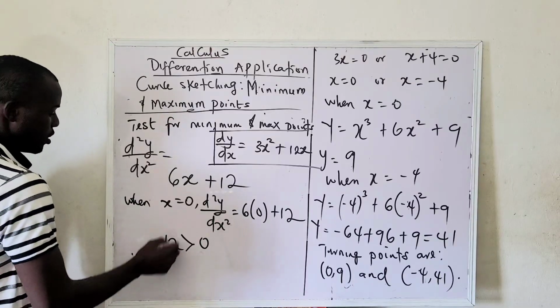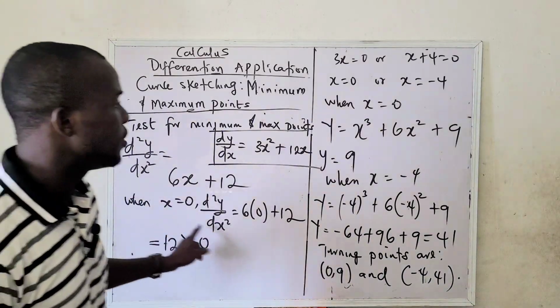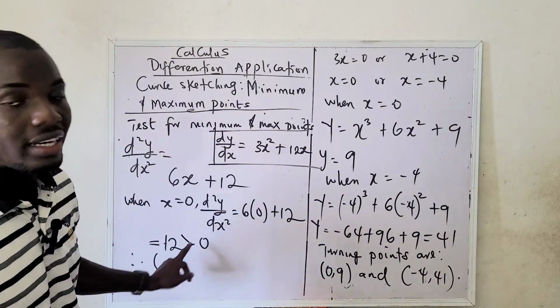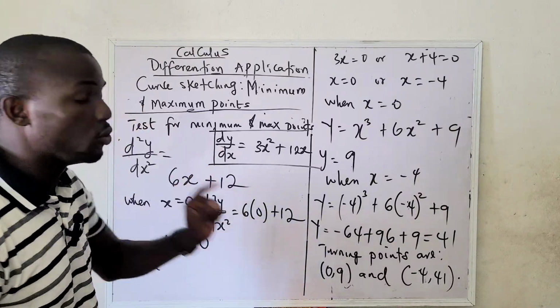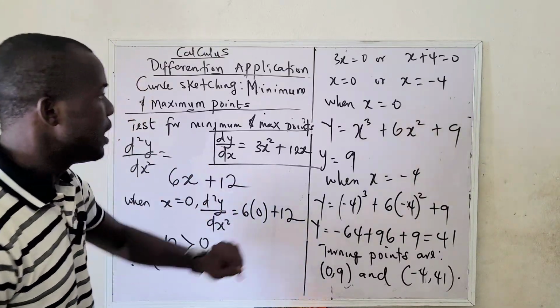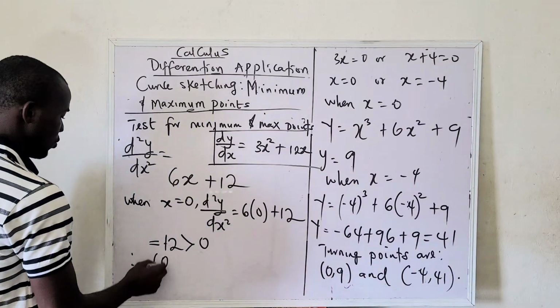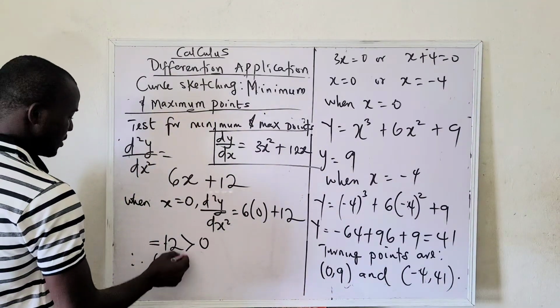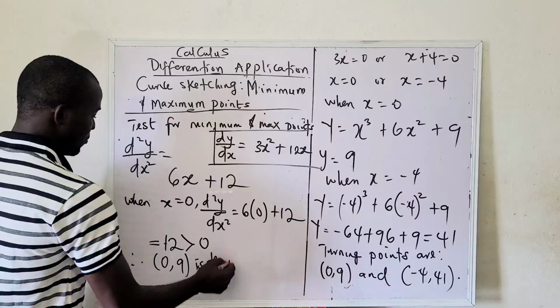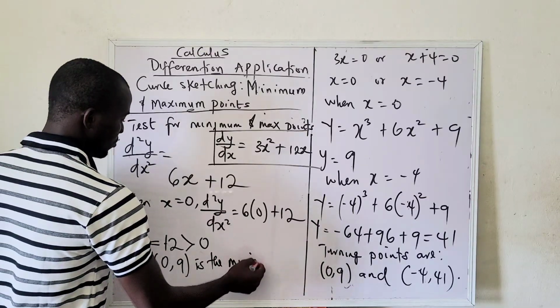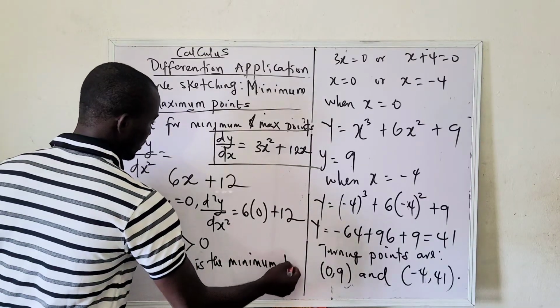Therefore, since this value of x gave us a figure greater than 0, we know it is a minimum point. So this particular point, (0, 9), is the minimum turning point.